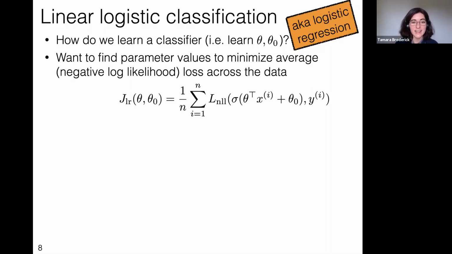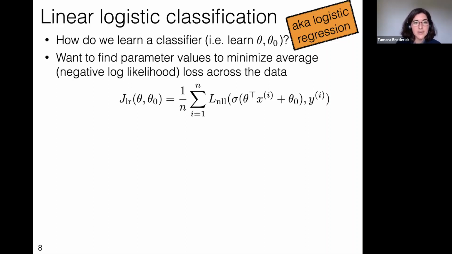And so we can say, hey, this is the loss that we want to try to minimize, this J sub LR. Because we're going to be taking an optimization approach, how can we minimize this over theta and theta naught? Another word that you might use to describe this is an objective, an optimization objective. It's your objective to minimize that number.